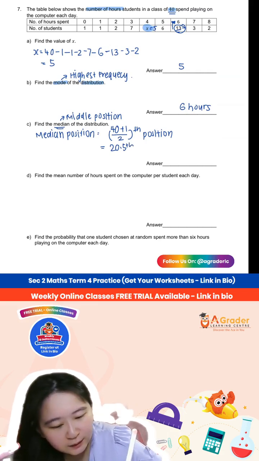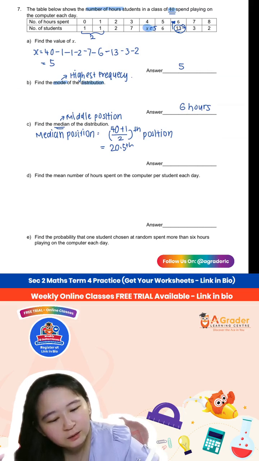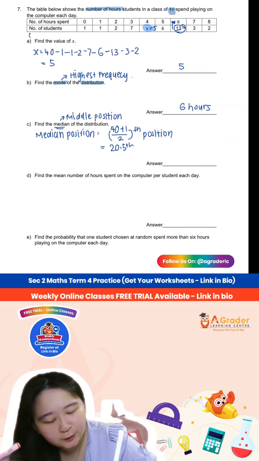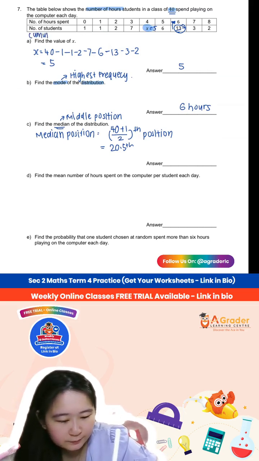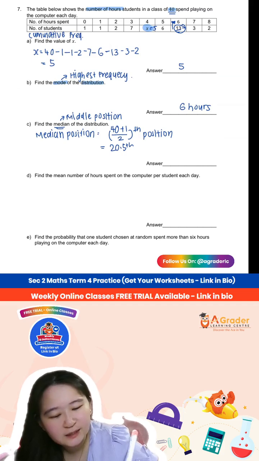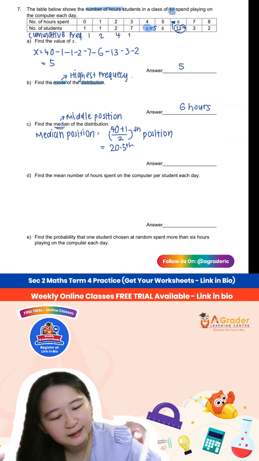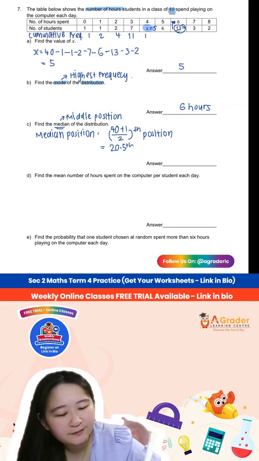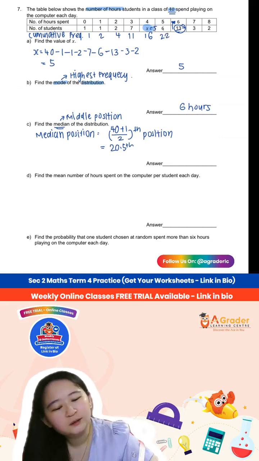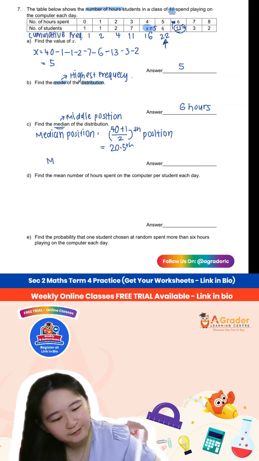What you can do is you can also write down the cumulative frequency. So 1 plus 1 is 2, 2 plus 2 is 4, 4 plus 7, 11, 11 plus 5 is 16, 16 plus 6, 22. So they will be part of this group, which is 5 hours. Okay, so the median equals to 5 hours.